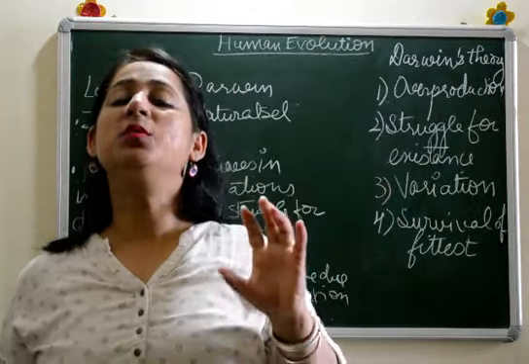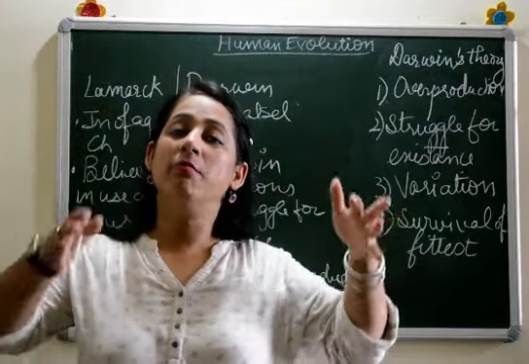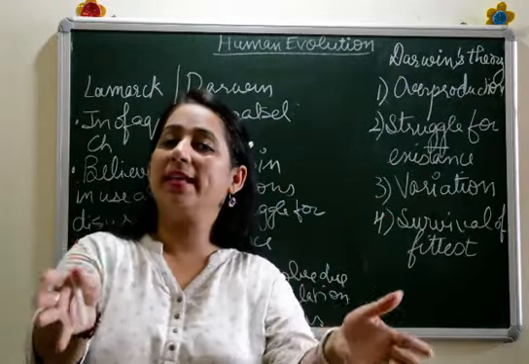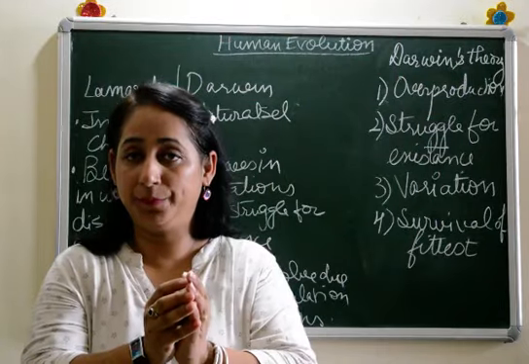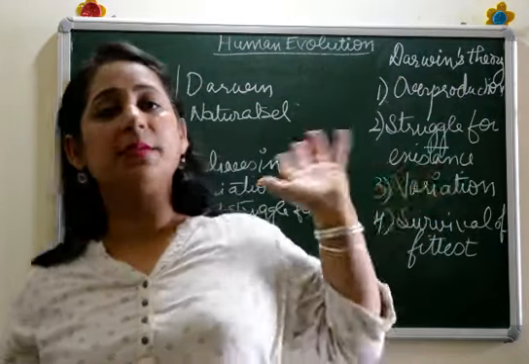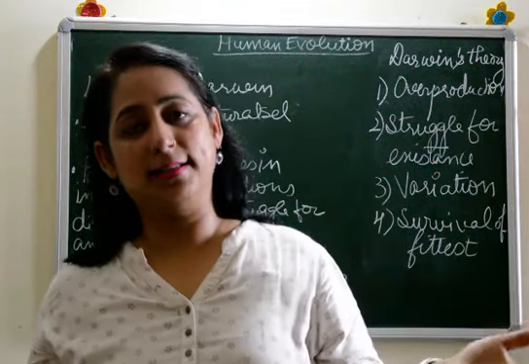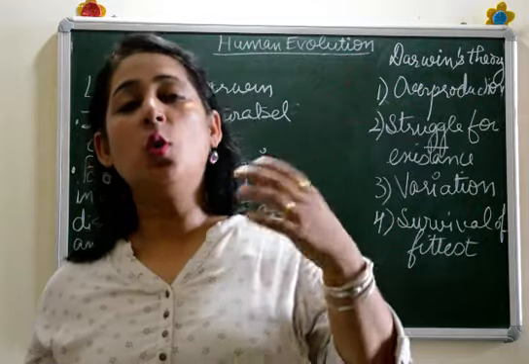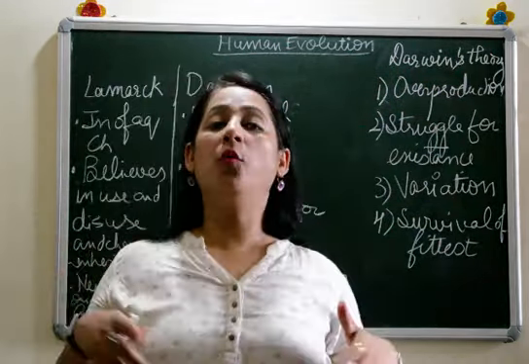There were organisms which overproduced millions and trillions of eggs, of which only a few could survive. For example, fish lay multiple eggs, and out of those eggs, how many form fish? Only a few. So in order to increase the chances of survival, the organisms overproduce.